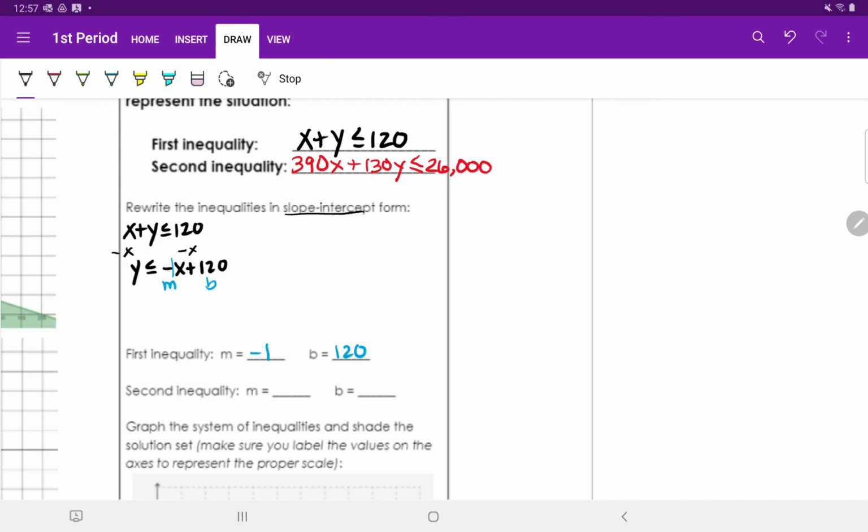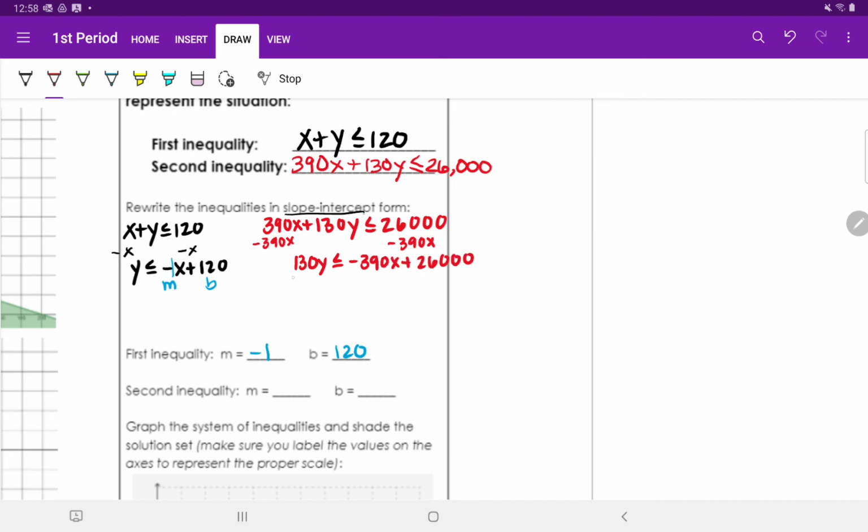Now let's look at our second inequality, which is 390x plus 130y is less than or equal to 26,000. Now this one's going to require a calculator for sure. To get the y by itself, we have to subtract 390x from both sides. So that'll leave us with 130y is less than or equal to -390x plus 26,000.